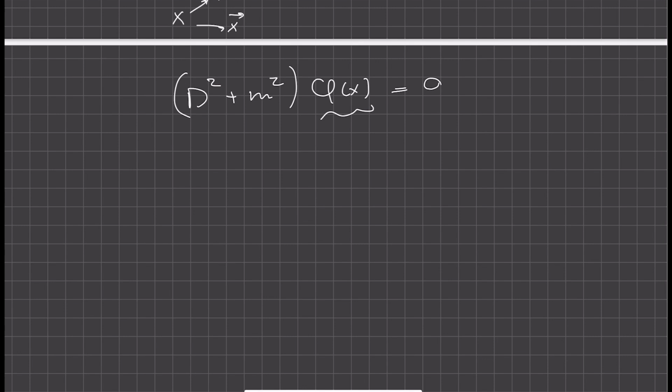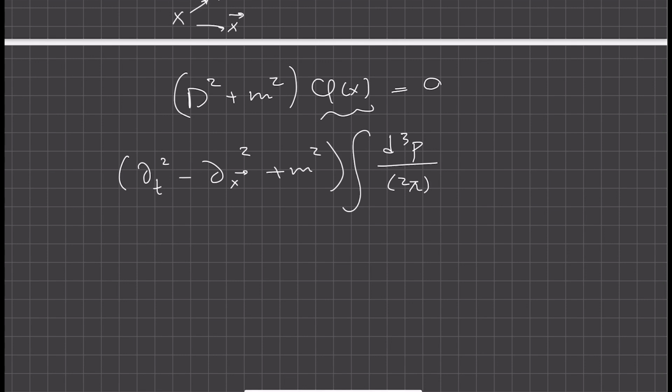So I have box squared, and now I'm trying to write box in terms of space and time: the time derivative squared minus the space derivatives, plus m squared, acting on the integral d3p over 2 pi cubed of phi tilde of p and t, and then the exponential of ip dot x, equal to 0.